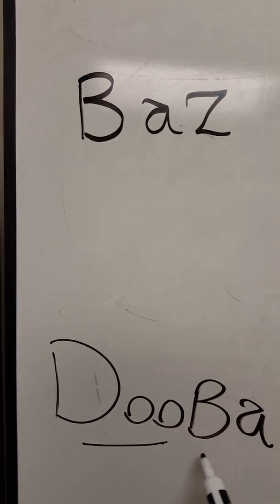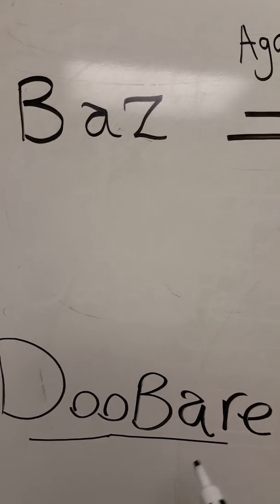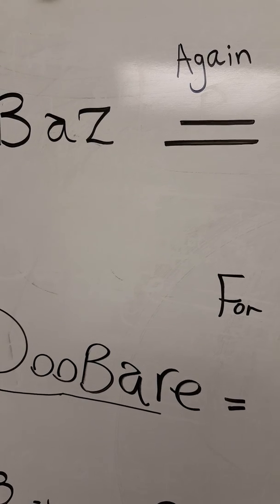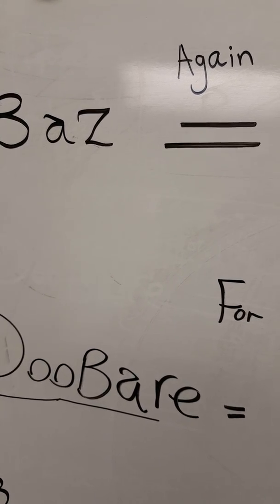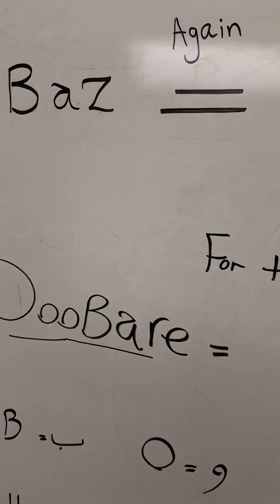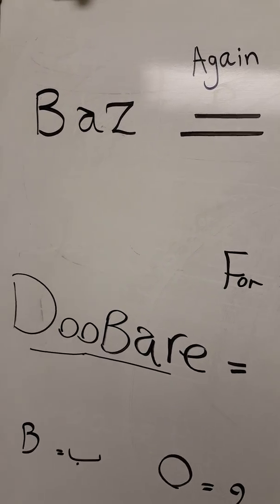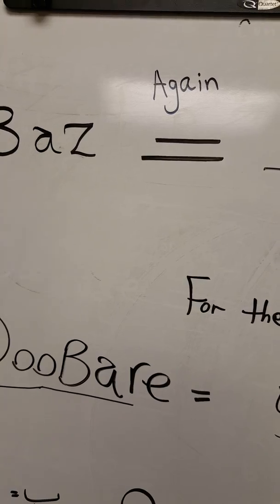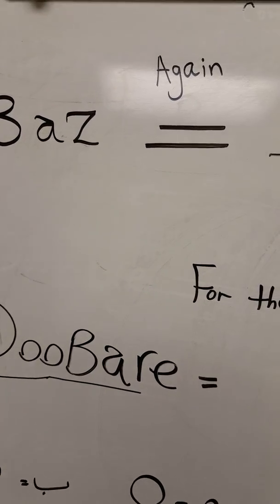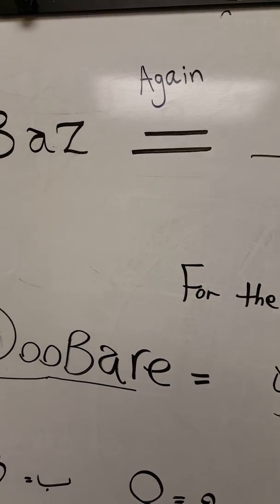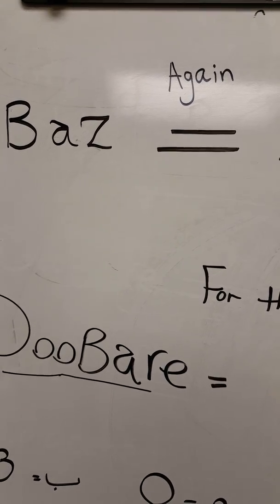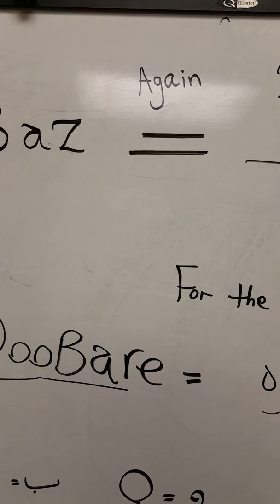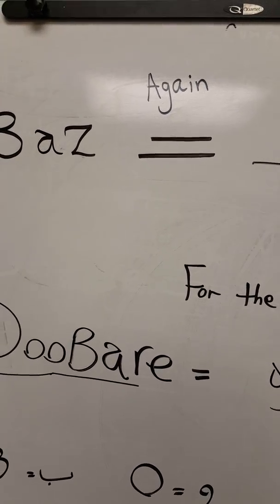And when they attach A at the end of it, when they say dobare, in my translation, it's some kind of annoyance or some kind of a stress that it happened again.